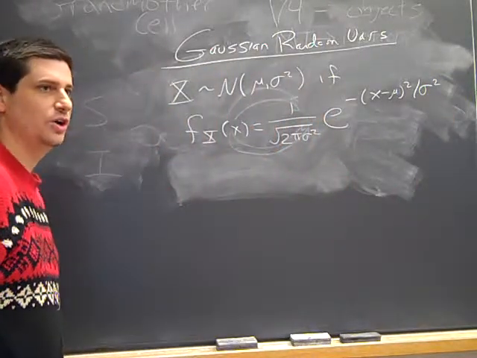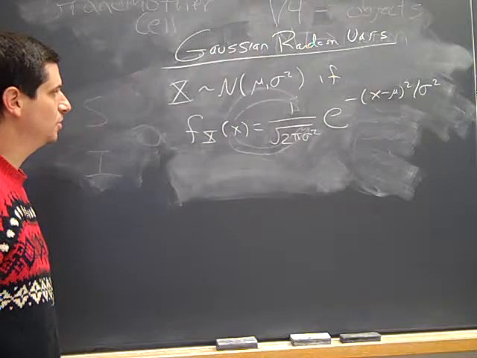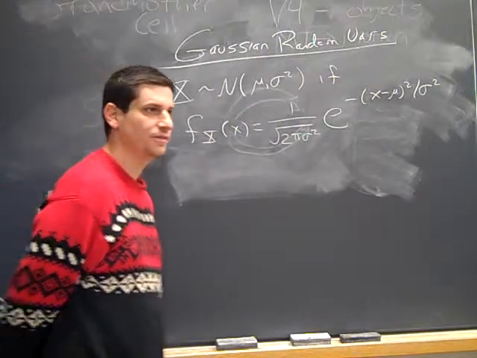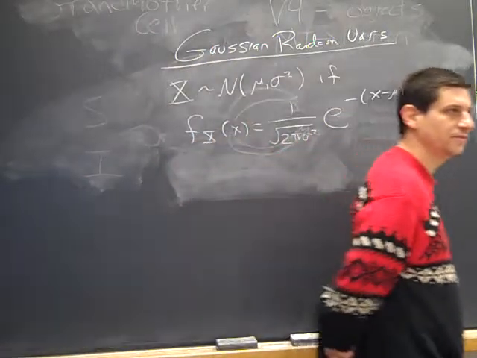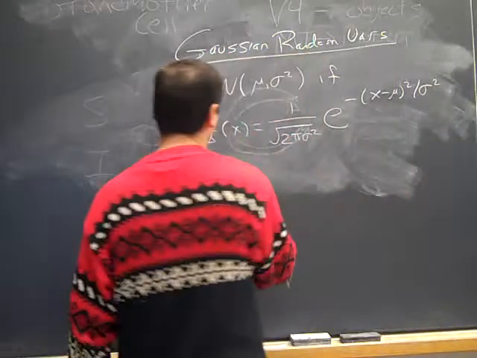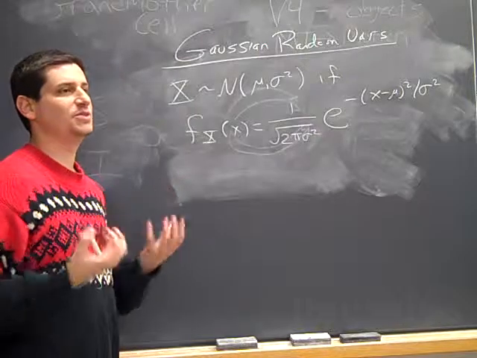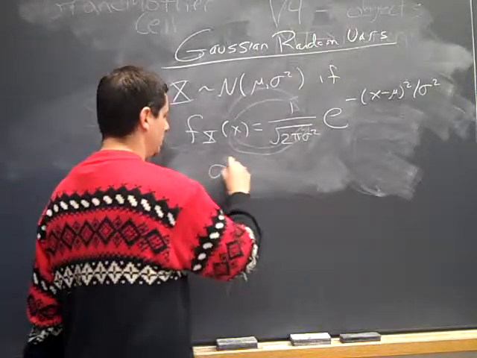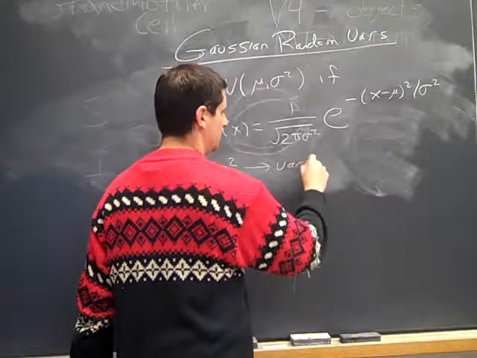Okay? So when you look at this, what should you be thinking about mu? What should you be thinking about sigma? Sigma shouldn't be 0. And what does sigma, or sigma squared, represent? Variance. So sigma squared should be the variance.